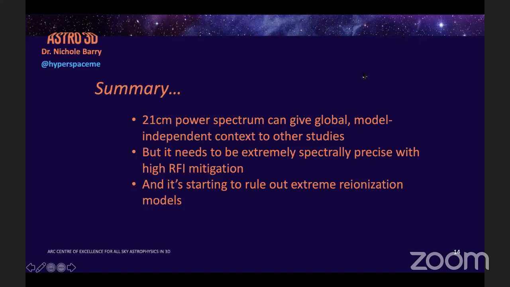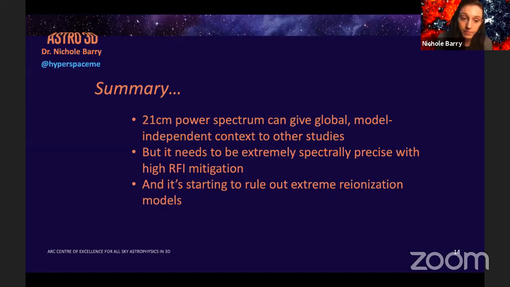Okay, thank you very much, Nichole. So a few quick questions. Anonymous says, what do you think we can ultimately learn before the arrival of full SKA? Right now, what we're attempting to do is just get a measurement of the power spectrum itself.